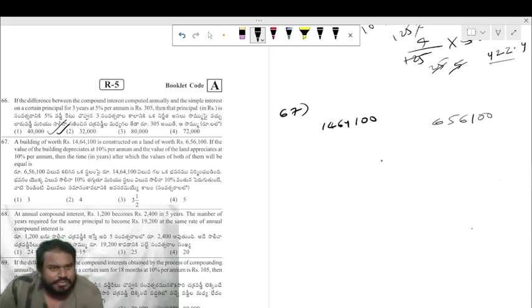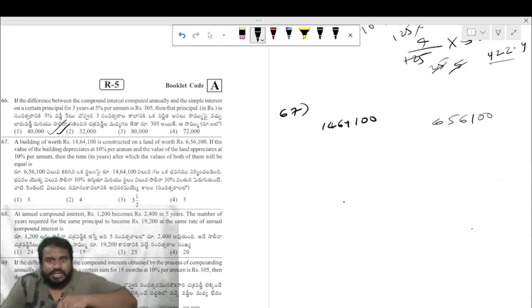The value of the building depreciates at 10% per annum and the value of the land appreciates at 10% per annum. The value of the building is decreased by 10% every year and the value of the land is increasing every year. The time in which the value of both of them will be equal is.